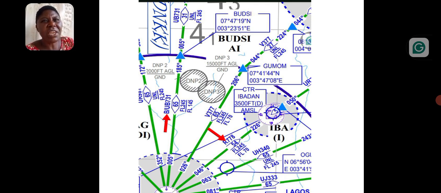In so doing, there will be no air collision. Okay, so that is that about this route and their flight height.